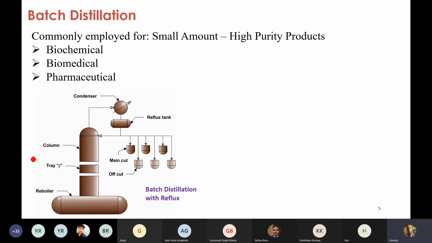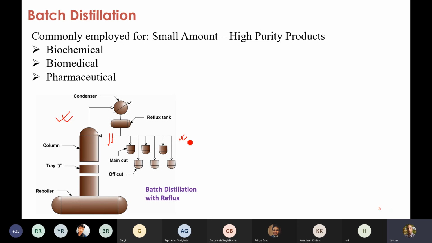Okay. So here what you see is a batch distillation with reflux. You can imagine that if you collect various portions of this overhead condensed product, the first cuts will be very rich in the more volatile component.